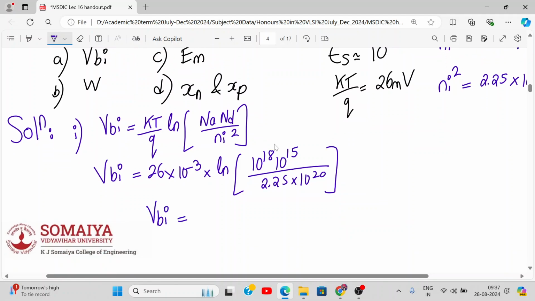We are changing the doping from the last numerical. Na was 10 raised to 16, now it is 10 raised to 18. So definitely VBI will increase, but it will be in the range of 0.6 to 0.8. It is 0.757.